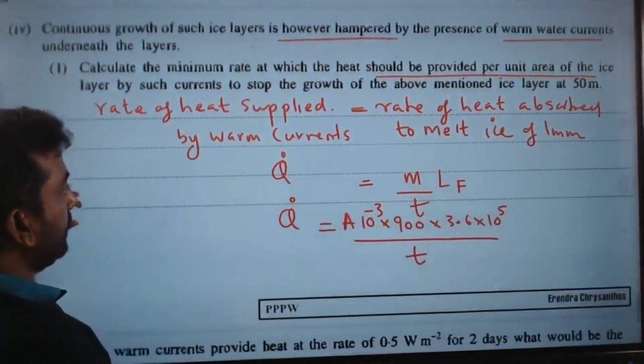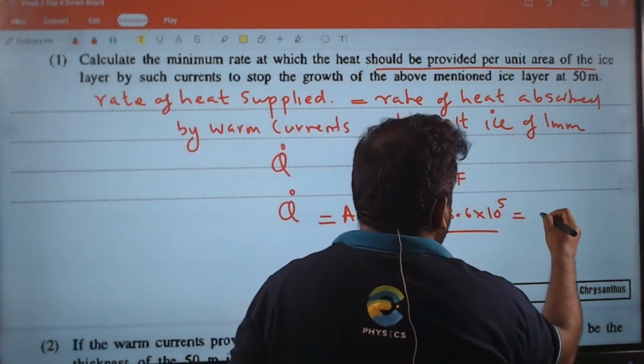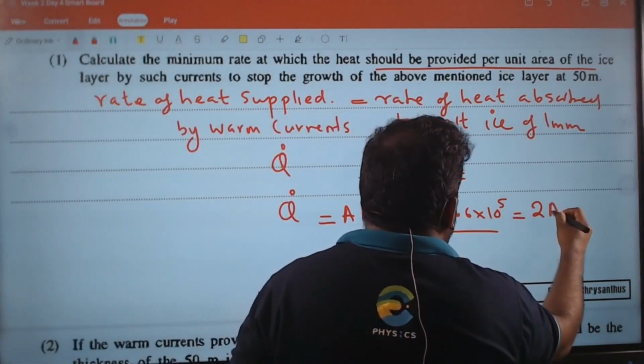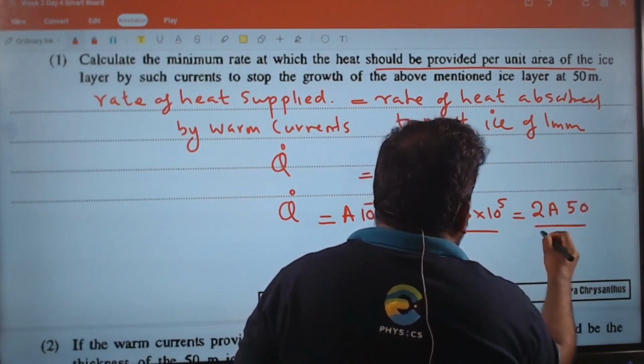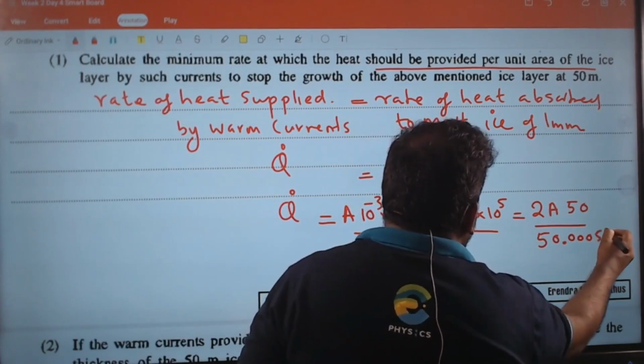So you can write 2 times A times 50 divided by 50.0005.